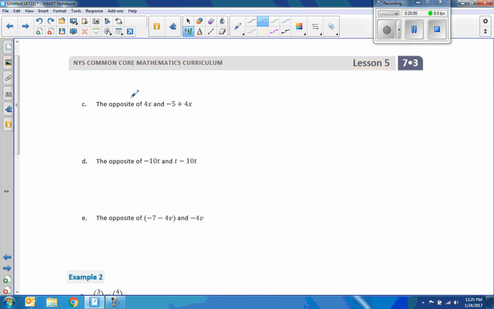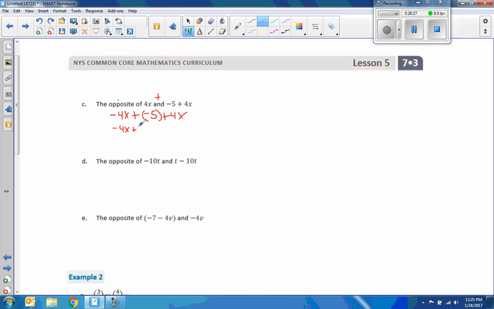Alright, C. The opposite of 4x and, there's my and. Opposite means if this is positive, make it negative. If it was negative, make it positive. The opposite of a positive 4x is negative 4x. The sum of that and negative 5 plus 4x. I'm going to move the 4x over next to the negative 4x because they are like terms.